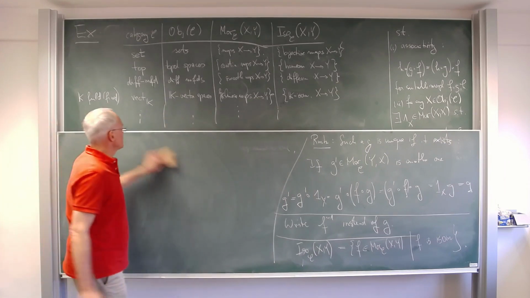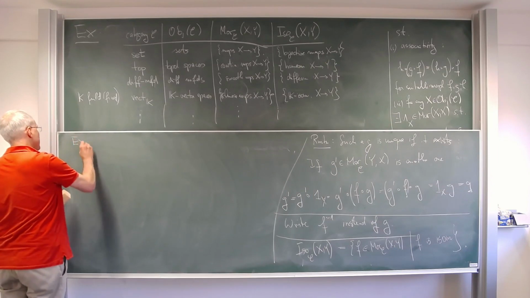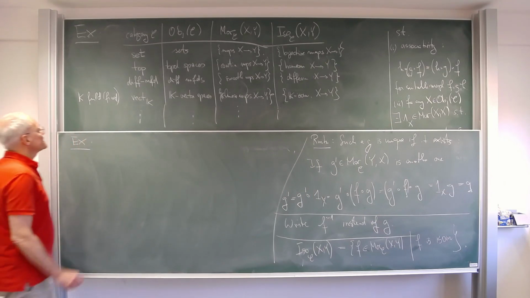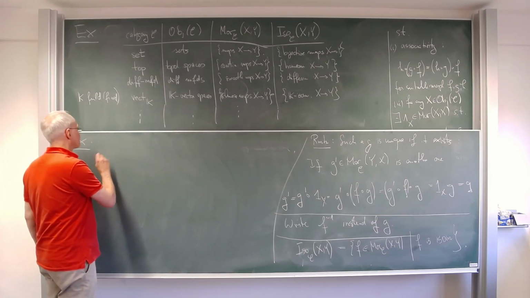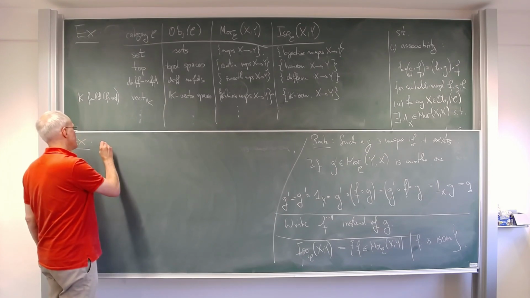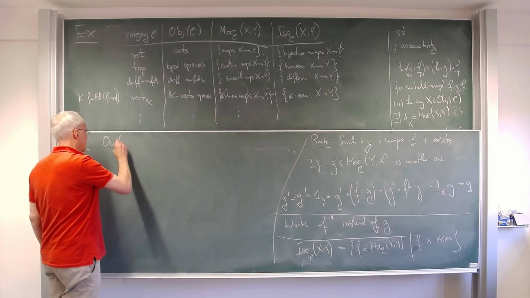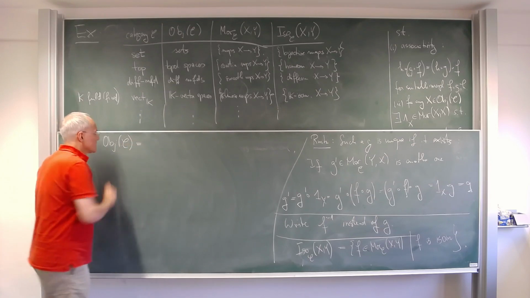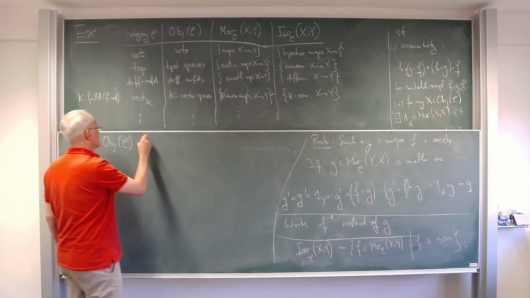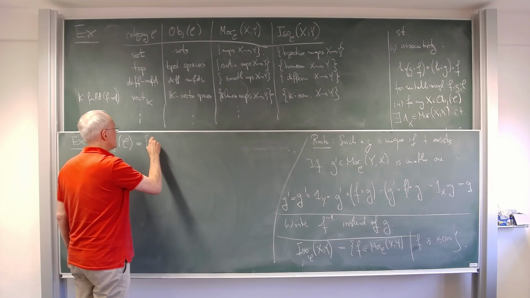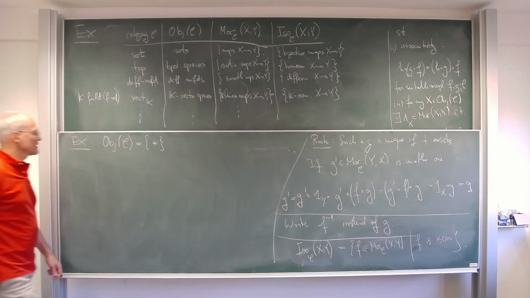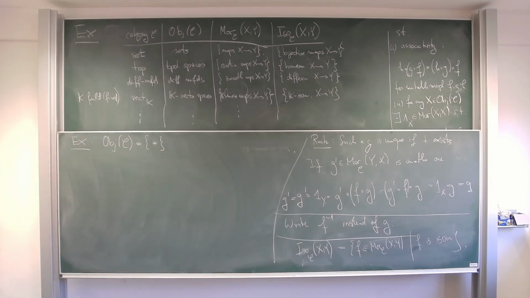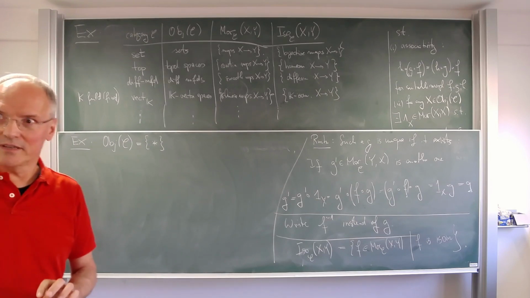For example, let's look at the category where the objects of my category, there's only one. It doesn't matter how I call it, let me call it asterisk. Only one object. Can't be much smaller than that, right?